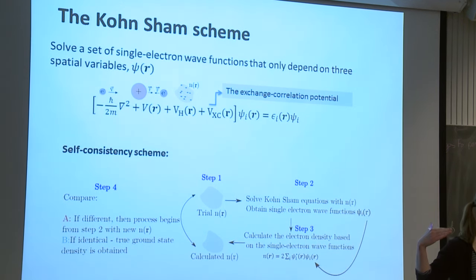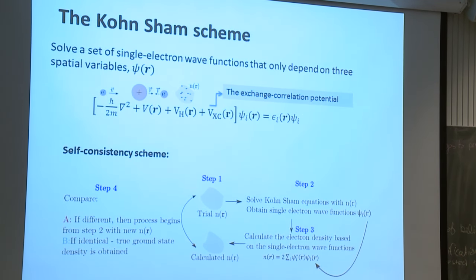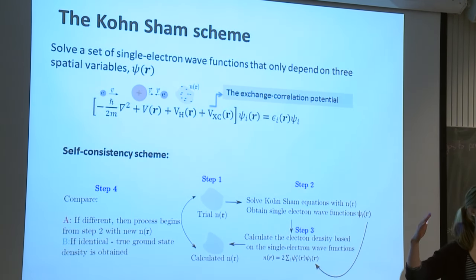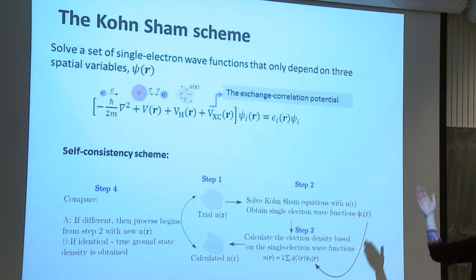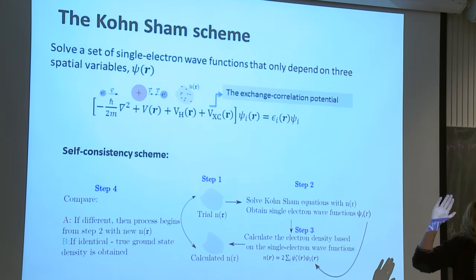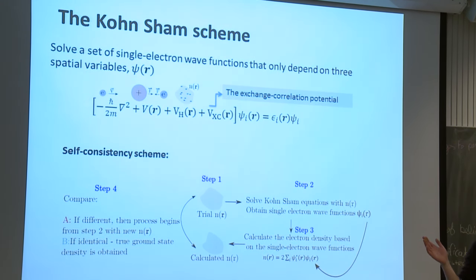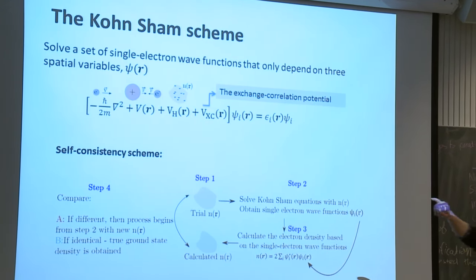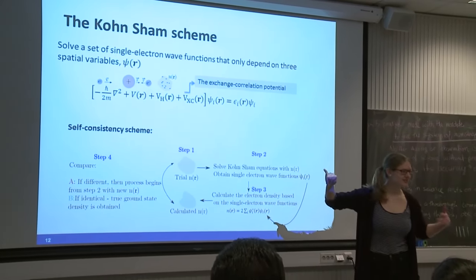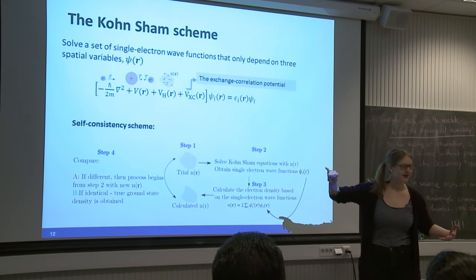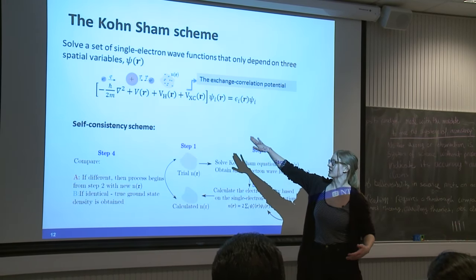So the first thing you do is that you just consider a set of single electron wave functions, and they're not interacting, so it's a non-interacting system. The interactions are sort of implicitly accounted for in these potentials.